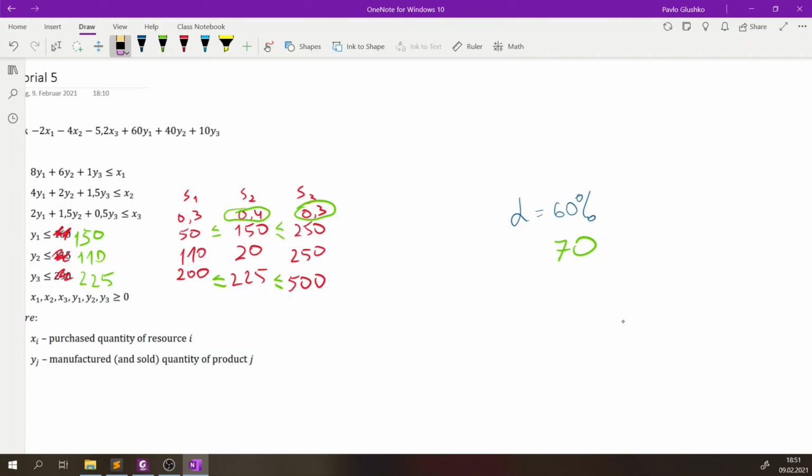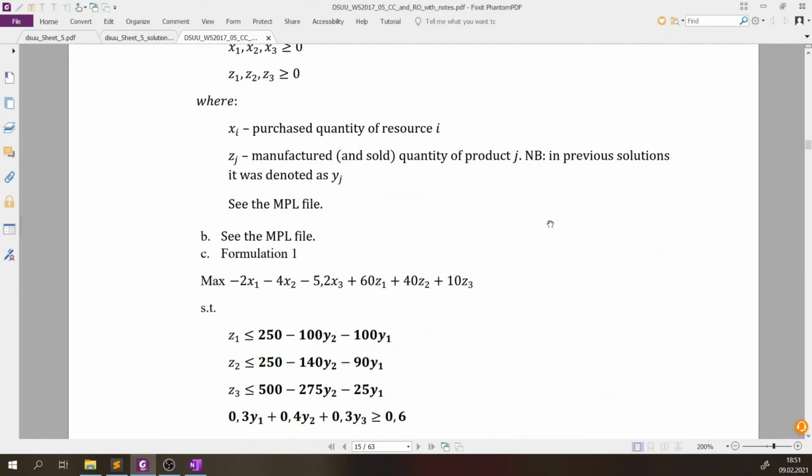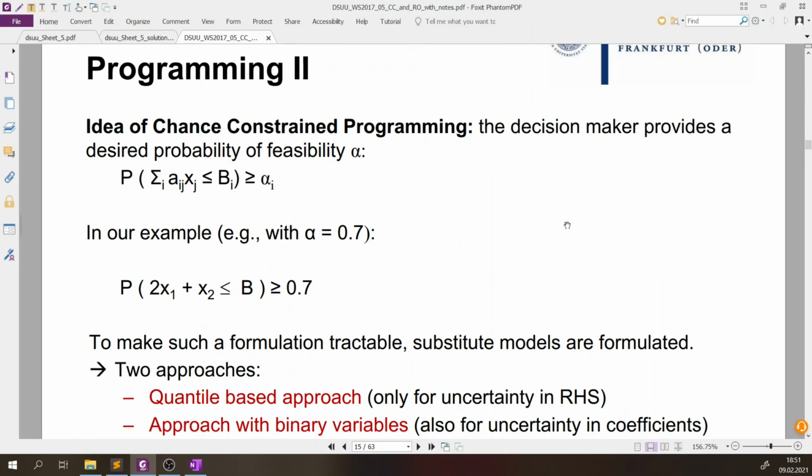It's only a coincidence that we can use this approach for three constraints, because this relationship holds for the demand of all the products. And in the lecture it's noted that this quantile-based approach can be used only for uncertainty in the right-hand side. That's what we have here.